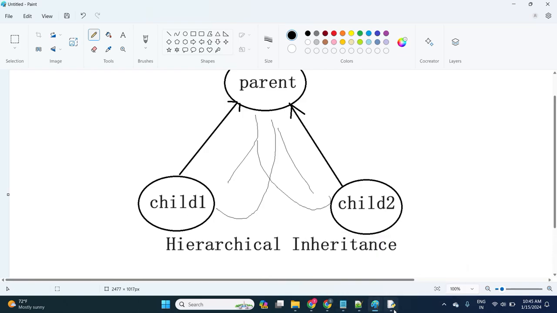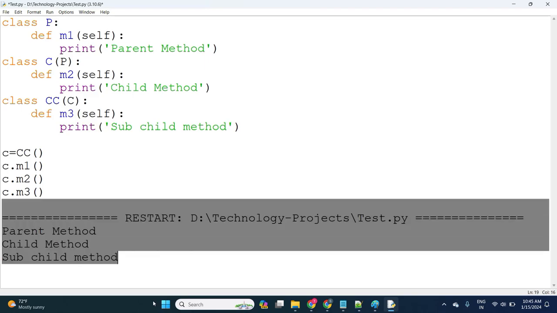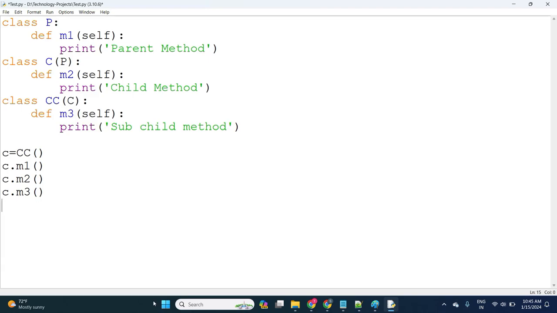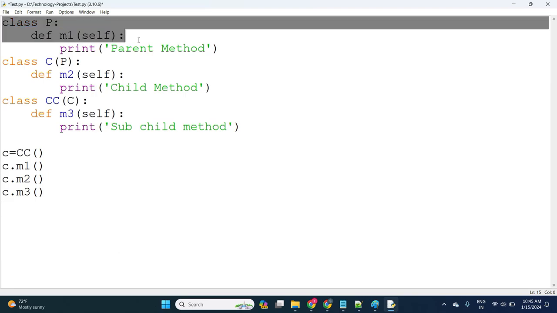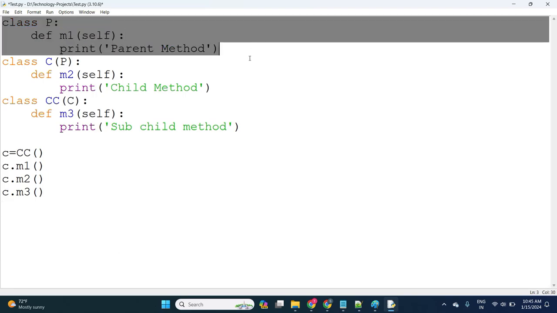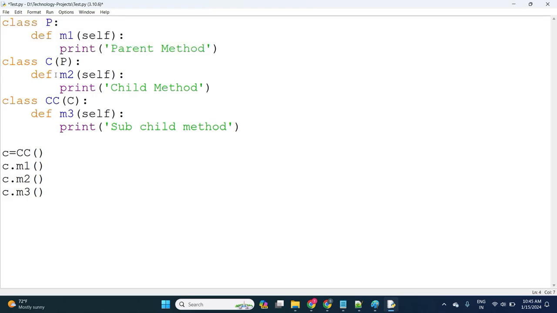With respect to that, observe a small program. In the parent, I'm taking one instance method. In child 1, I'm taking one instance method.